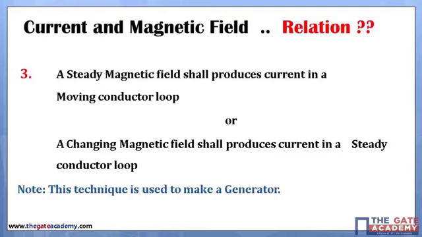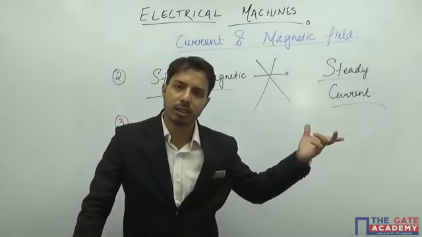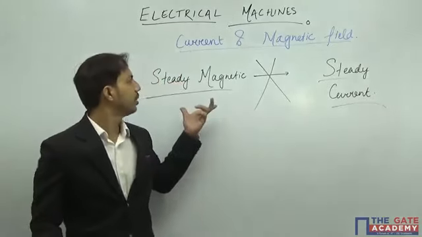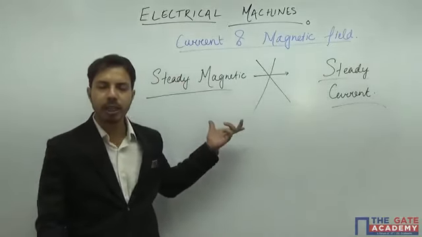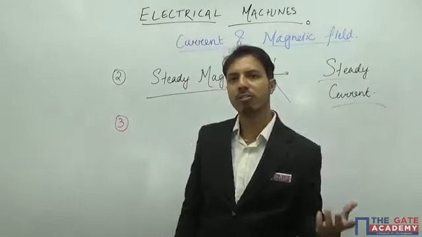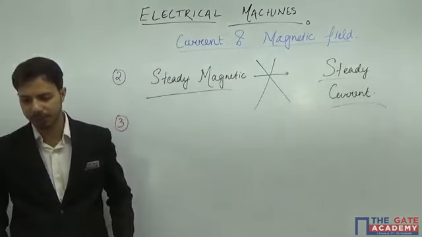and ultimately he gave a relation, okay, and you can see that relation in your PPT, that says that a steady magnetic field can produce current when the conductor is moving in that magnetic field. Okay, or in other words, that conductor is cutting the fluxes, or flux cutting action takes place.